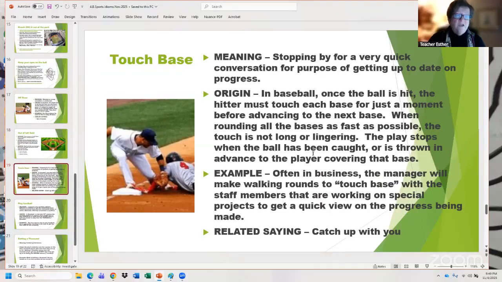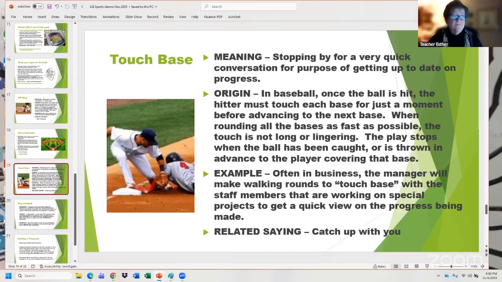So touching base is a way of checking in or talking about something very briefly. So the meaning is stopping by for a quick conversation for the purpose of getting up to date on progress of a project.